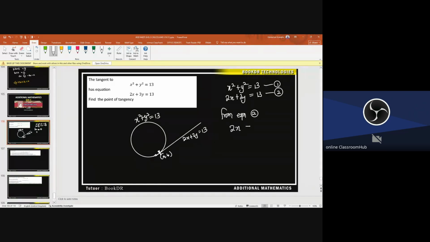Let's make x the subject. 2x will be equal to 13 minus 3y. And then our x will be equal to 13 minus 3y on 2. Then we substitute this into equation 1. So wherever we see x, we write this fraction. So we have 13 minus 3y all on 2, squared, then plus y squared is equal to 13.